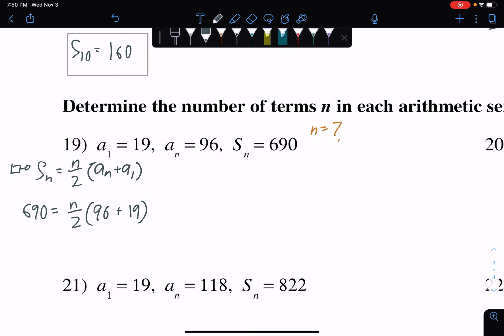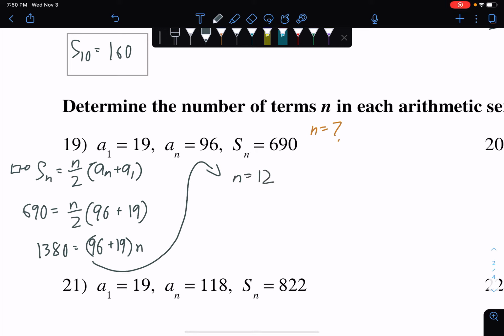So 690 times 2 is 1380, which is equal to 96 plus 19 times n. 96 plus 19 is 115. 1380 divided by 115 is 12. Our n is equal to 12.